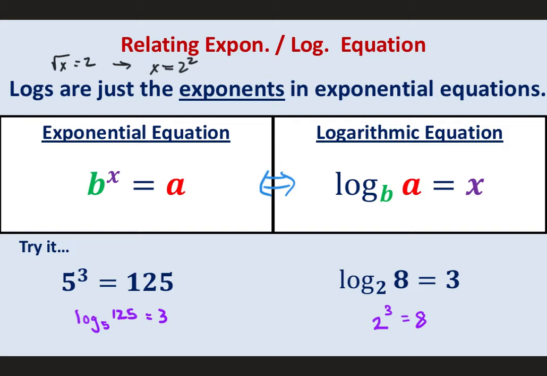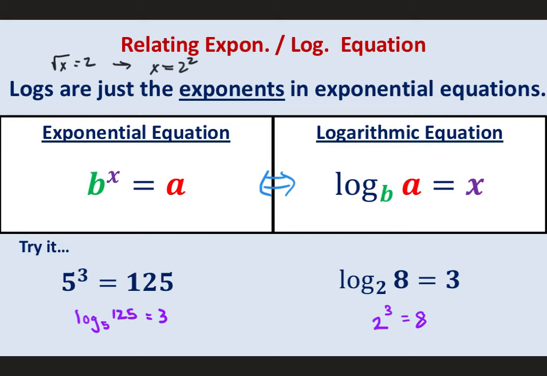Or if you're in exponential form, you're going to say log base 5 of 125: what power is going to make 5 become 125? 5 to the third power, and that's what we saw right here. And so that's how we're going to evaluate these in a second. We're always going to go back to this exponential form, because that's what you guys are more used to, and we're going to use that to help us evaluate them.